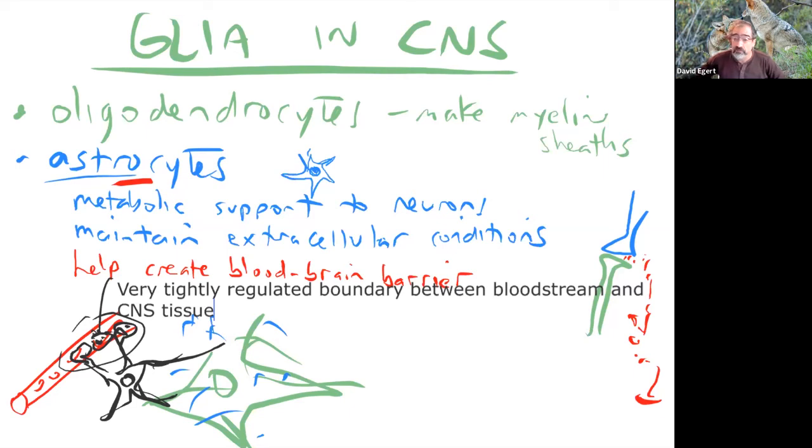So this is a real challenge when you're designing CNS therapeutics. You have to come up with something not only that is going to be helpful if it gets to the neurons, but is actually able to be moved out of the bloodstream into the tissue there. So designing CNS therapeutics is way trickier than designing a normal drug because of that problem.